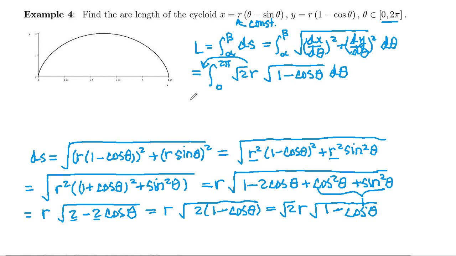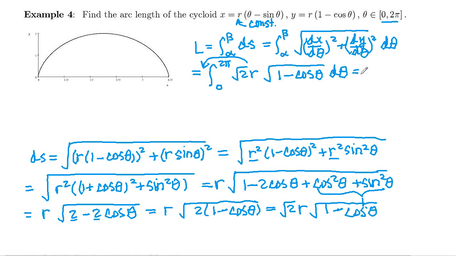So what we want to do is look at this 1 minus cosine theta. We want to think of this as 2 times theta over 2, and then that way we can use the half angle identity in there.